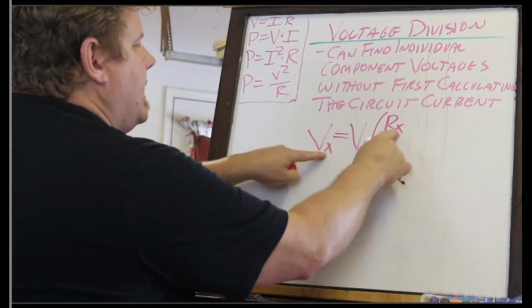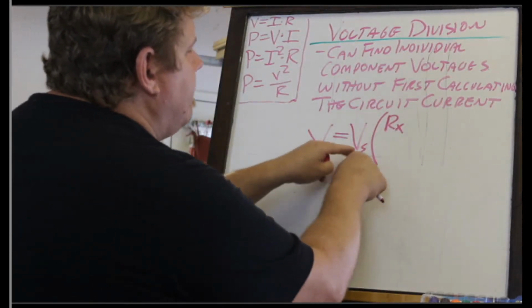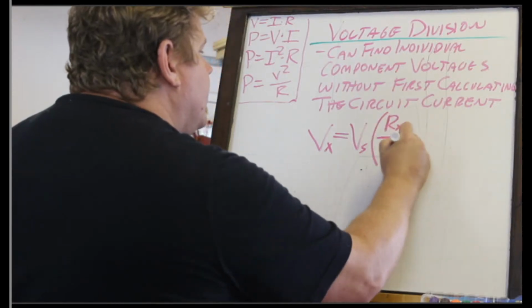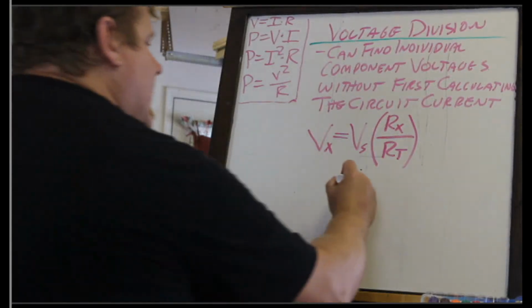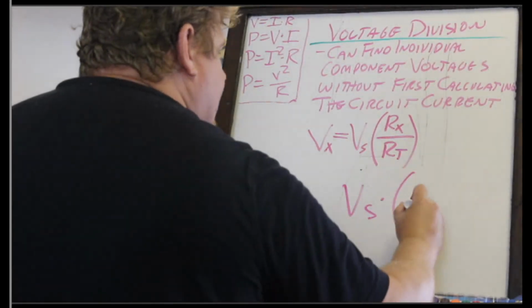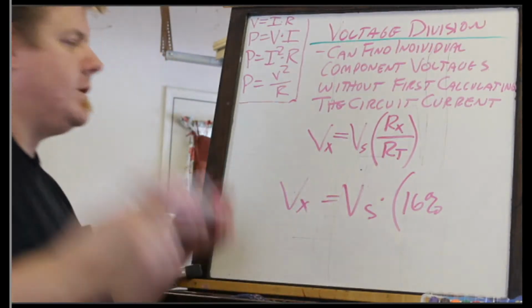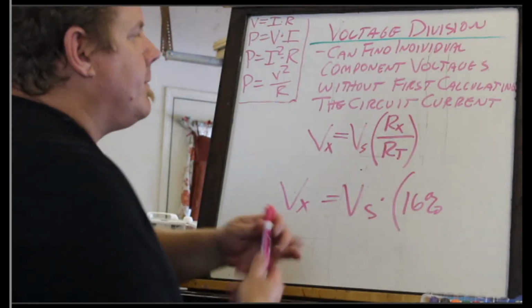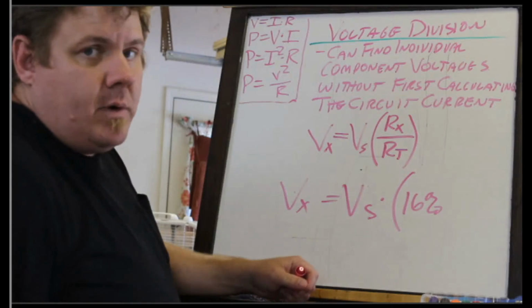This is the same thing as the voltage across resistor A: VS times resistor A over the total resistance in the circuit. All we're saying is if we have VS, some percentage of it goes to any one resistor, 16%, 23%, because this ratio is always going to give you a decimal, always less than 1.